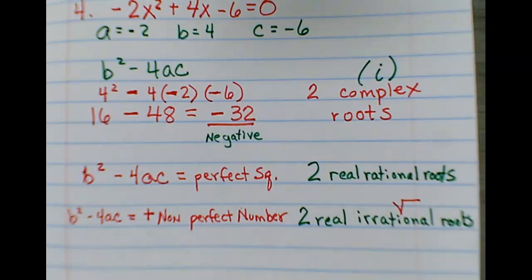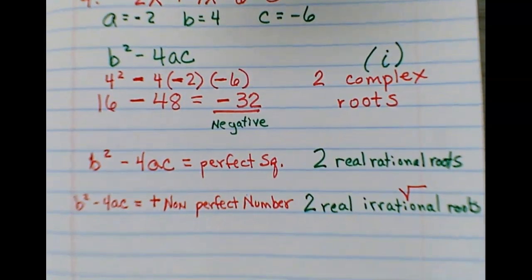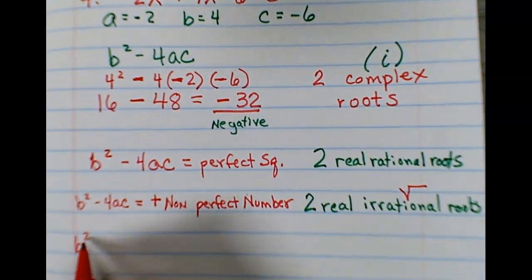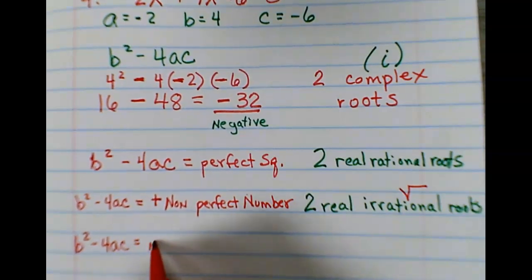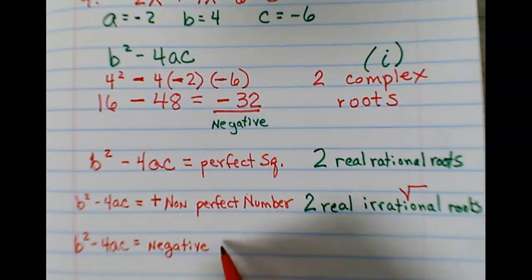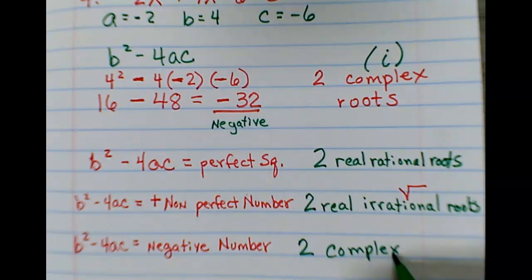Irrational means it's going to have the square root sign in it. It's not going to be able to simplify the square root away. B squared minus 4AC equals a negative number, you're going to get 2 complex roots.